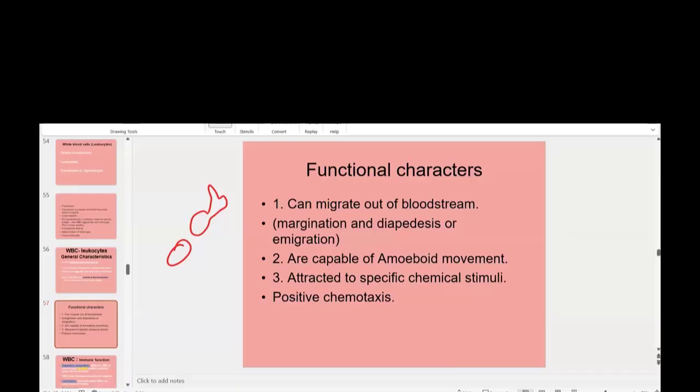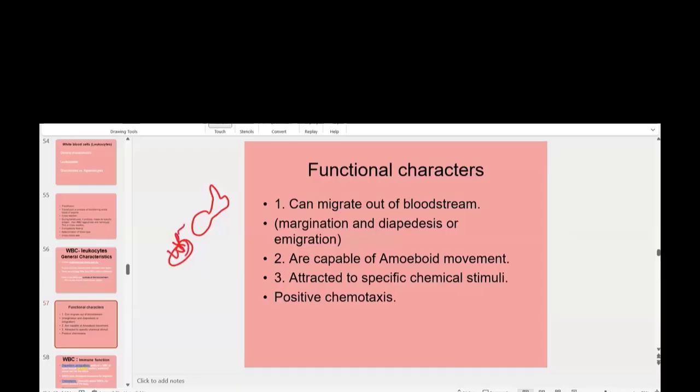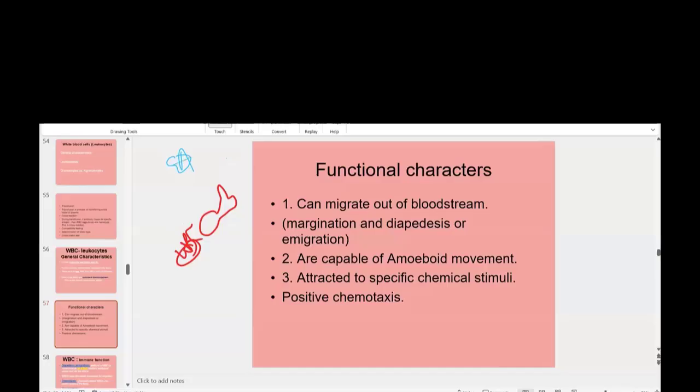And they're attracted to specific chemical stimuli, and that is positive chemotaxis. Suppose this is a WBC, and then a foreign antigen, we call it A, enters the body. This antigen is going to release certain chemicals, and this WBC is going to move in that direction. Taxis means movement, so responding to the chemical and going in that direction.